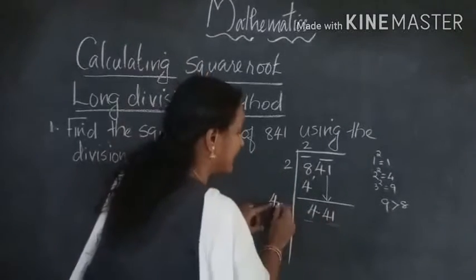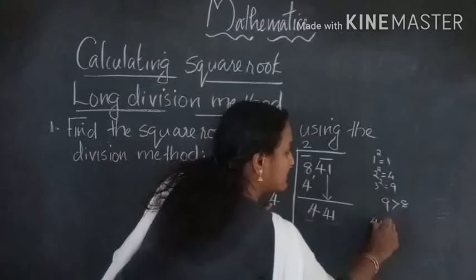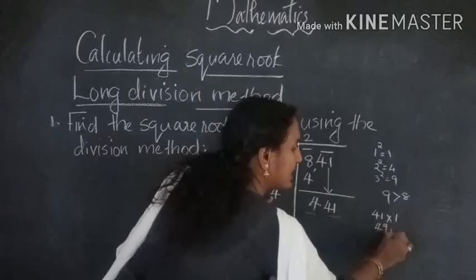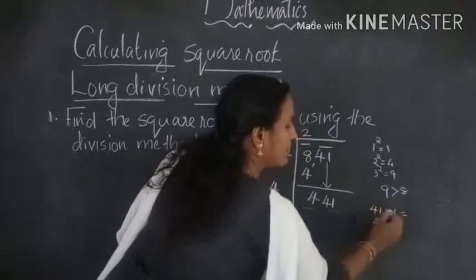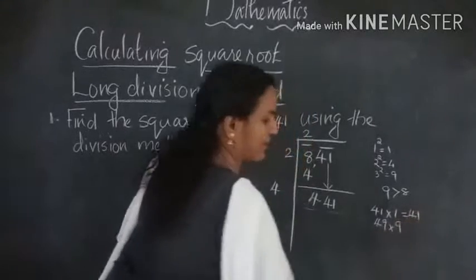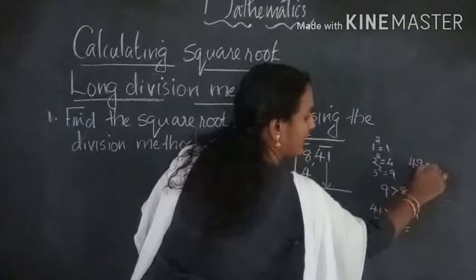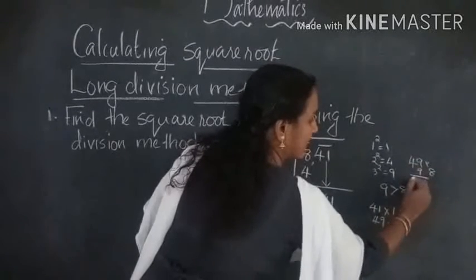That means the new divisor is 41 into 1, otherwise 49 into 9. 41 into 1 is 41. 49 into 9 is 441.